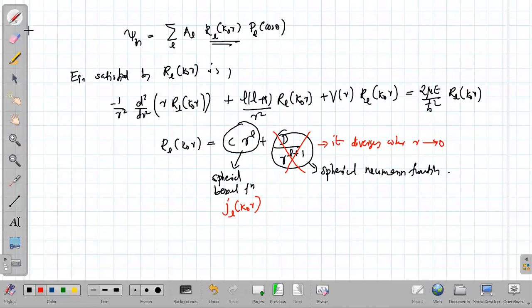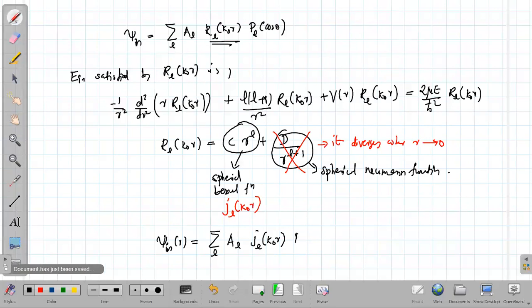So hence the incident wave function psi in of R, we can write as sum over L AL JL of K0R PL of cos theta. Okay, so we have expanded the incident wave function in terms of the spherical Bessel function and the Legendre polynomial.